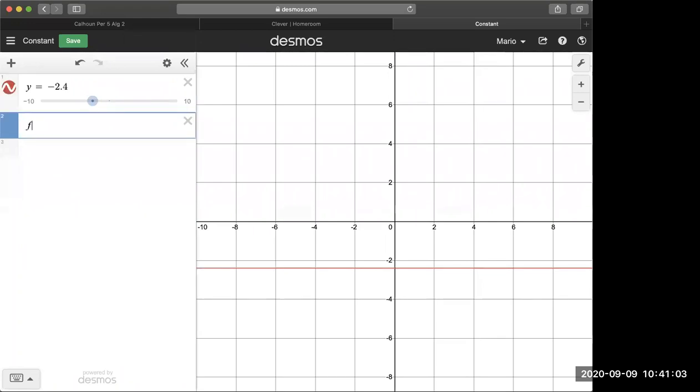Just for your information, if you see that term f of x, that is the same thing as saying y. A constant function literally means x is 0.